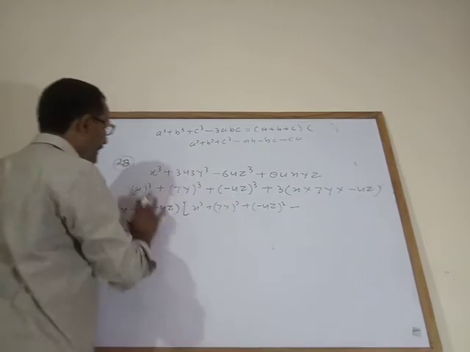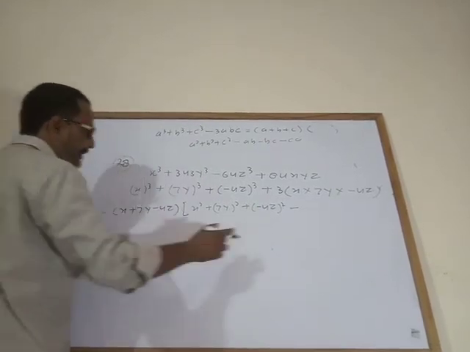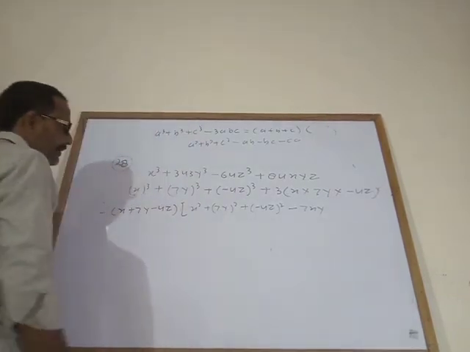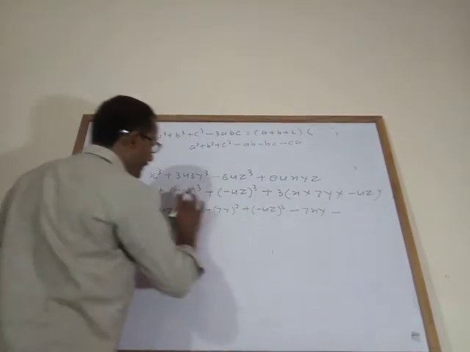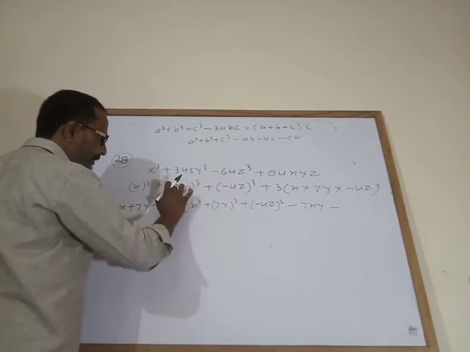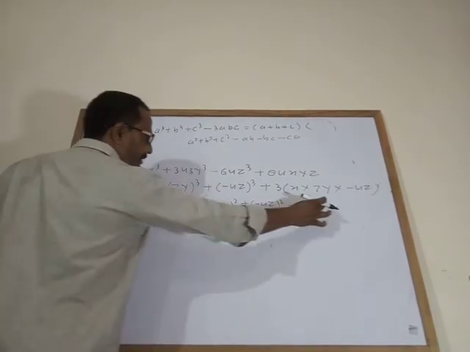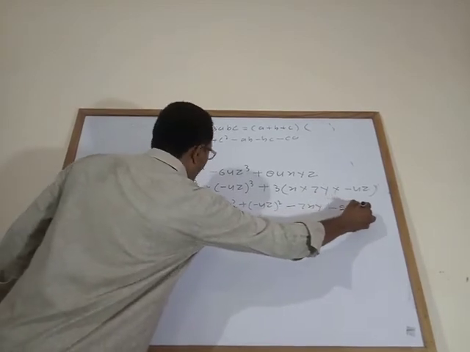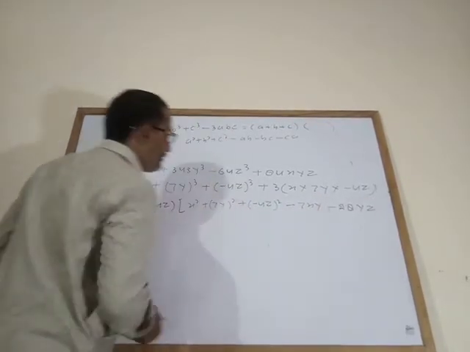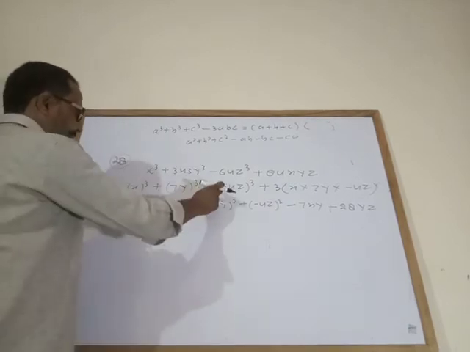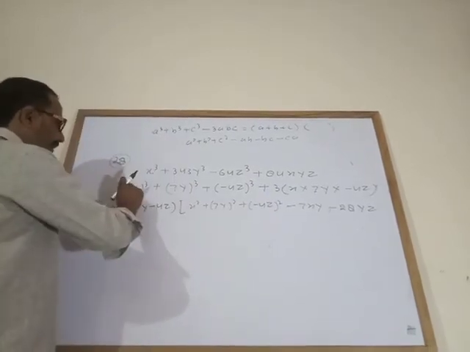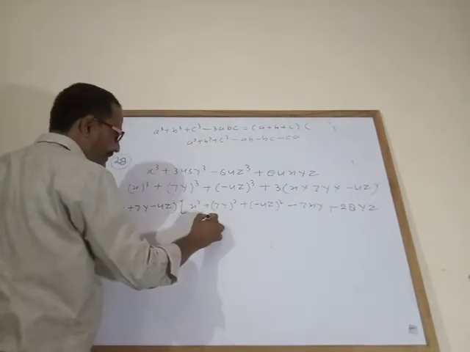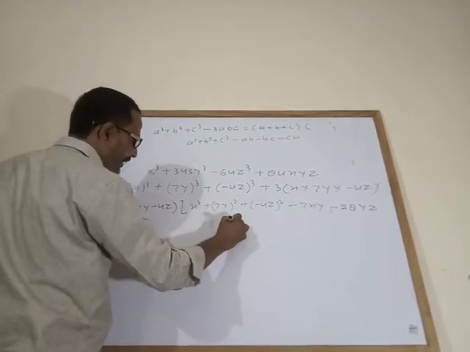Minus ab is minus 7xy, minus bc is plus 28yz, minus ca is plus 4xz.